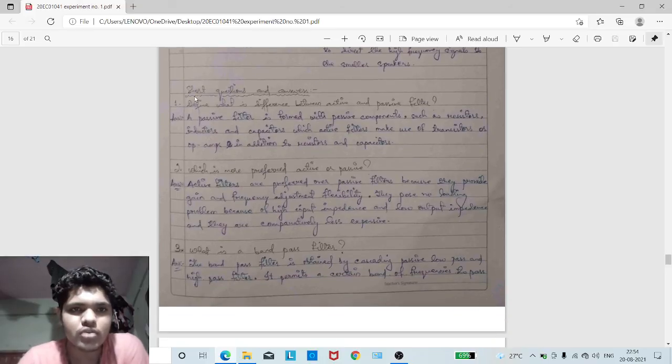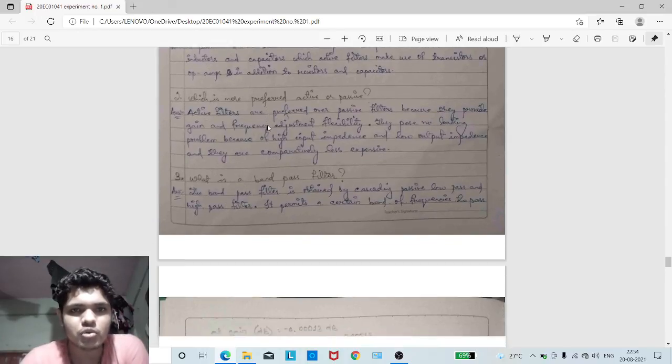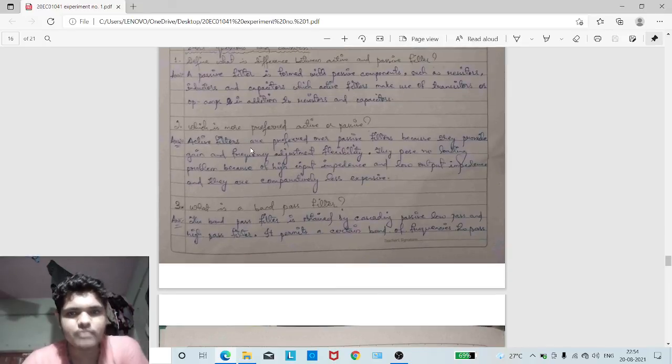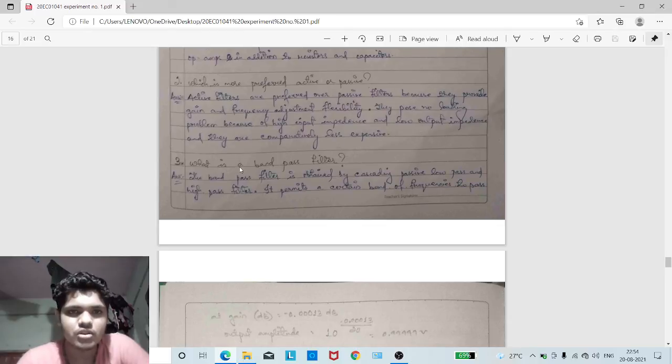And here we have some questions and answers. Define the difference between active and passive filters, and which is more preferred. Generally, active filters are preferred over passive filters, and we have the reasons for that.